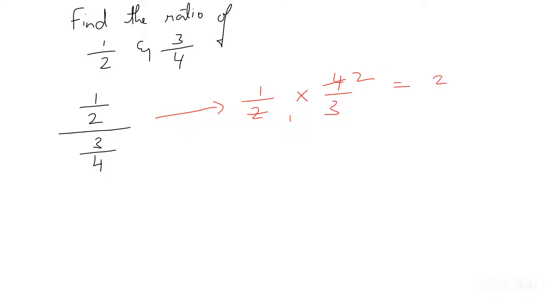My ratio is 2 is to 3. Okay, 2 is to 3. Very easy. You just have to do the reciprocal of one of the fractions, and then you will get the answer. Yes, it is very simple.